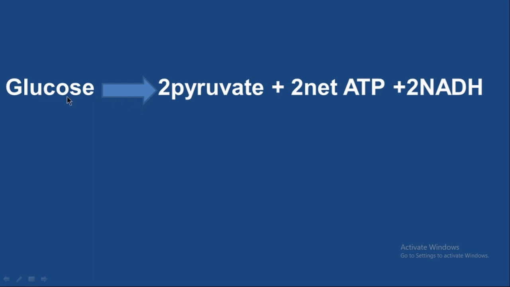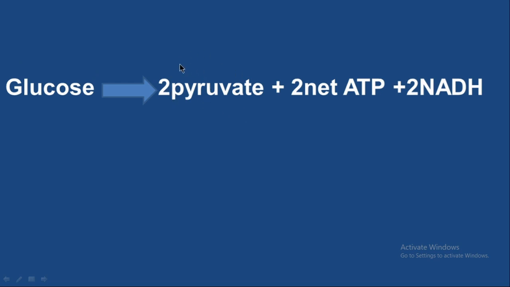So what happens in glycolysis? And how does glucose produce pyruvate molecules, ATP and NADH? During the glycolysis process, one glucose molecule is converted into 2 pyruvate molecules.